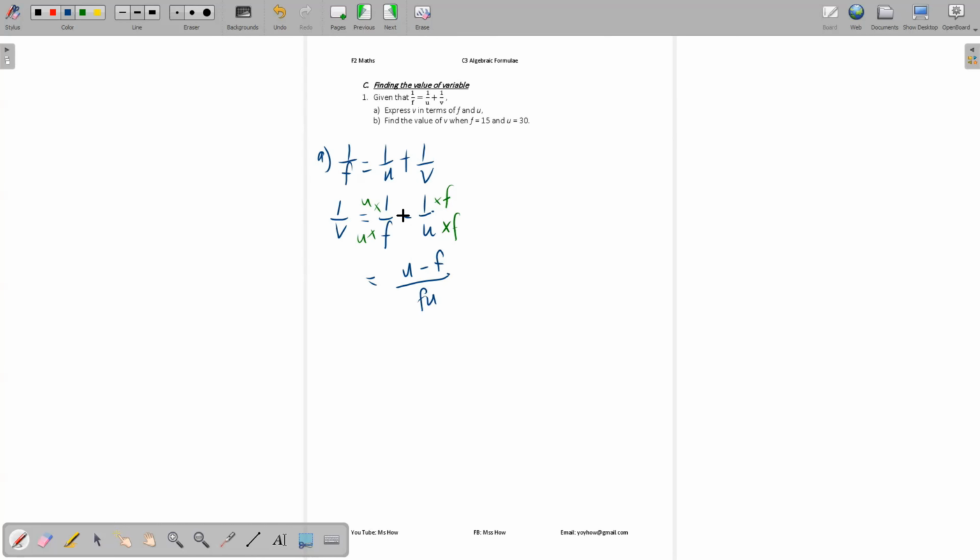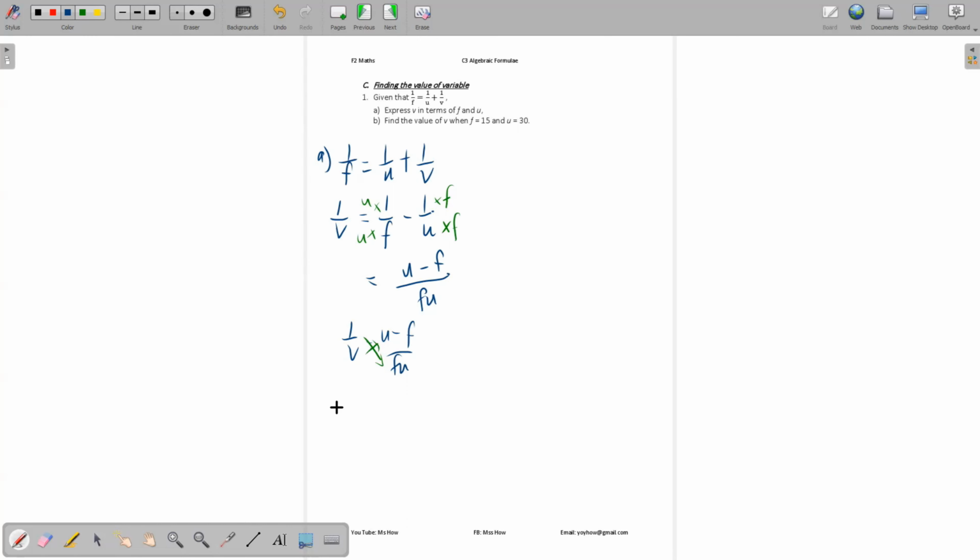U minus f. Okay, so u minus f here. Now, when we get something like this, you can see what we can do here is to cross multiply. So we cross multiply.